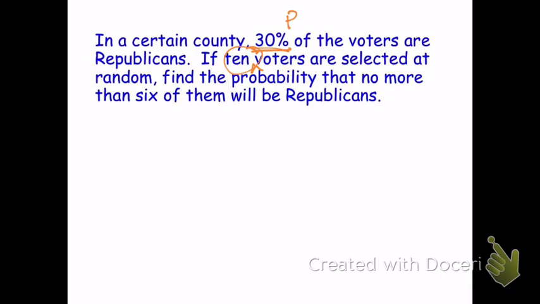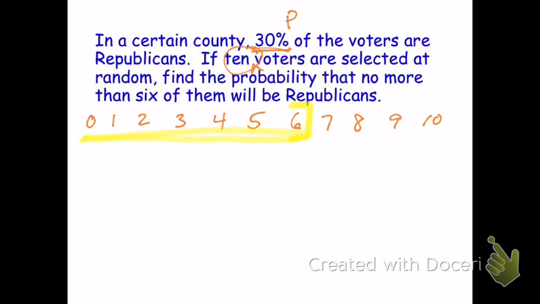So you can do a couple things. You can list out all of your outcomes. If it's saying no more than 6, what numbers am I wanting to include? 6 and below. So I want to include 6 and everything below that: 6, 5, 4, 3, 2, 1, 0.